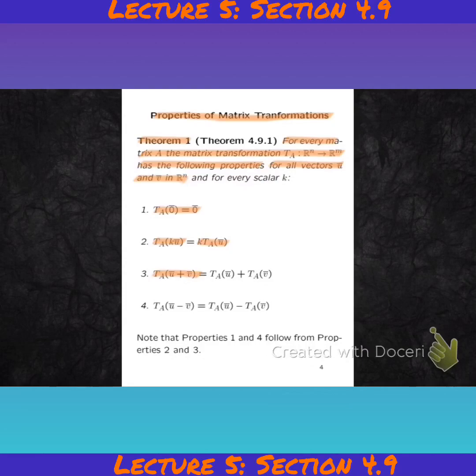You can clearly see that if you multiply the matrix A with the sum of two column vectors, we can easily apply the distributive rule, so that is clearly the sum of the respective matrix products.